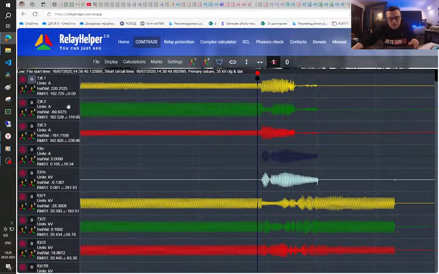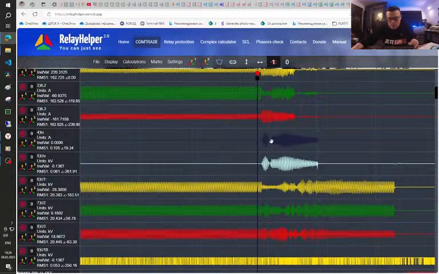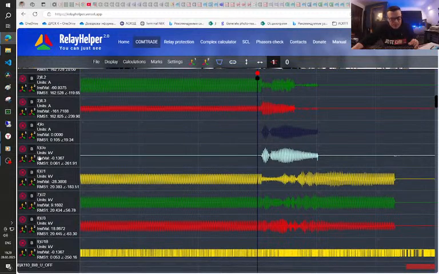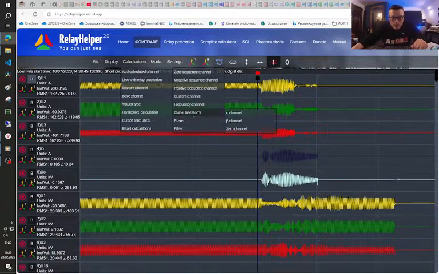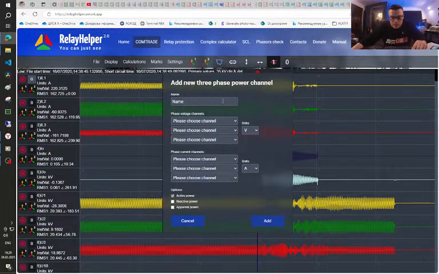So on the top there are 3 currents, zero sequence current, and zero sequence voltages. To show the power flow, firstly I add power channels. We have calculation for 3-phase power and single-phase power, so I select 3-phase power. Units are from voltage units kilovolts, so I have to choose kilovolts.